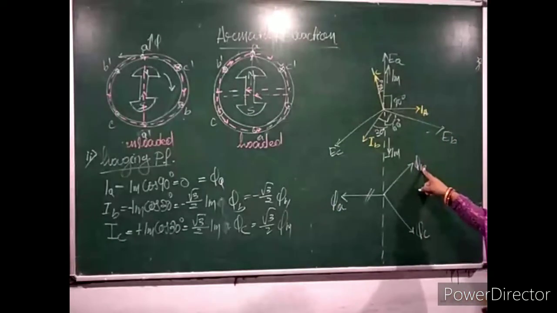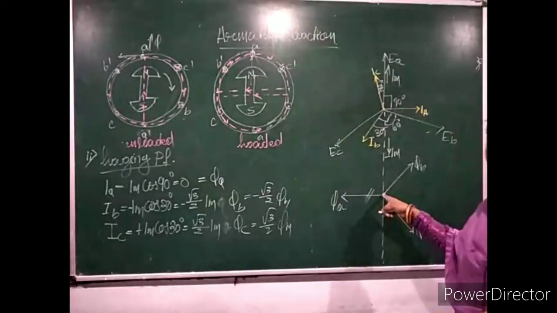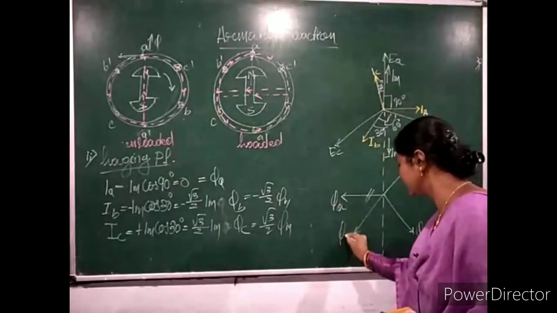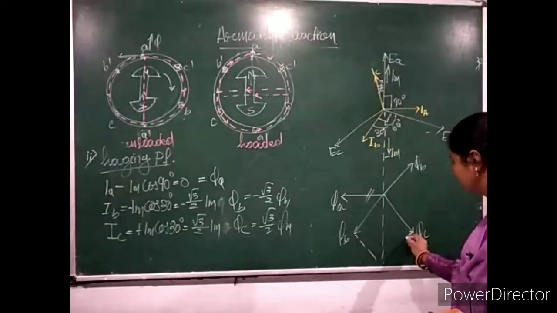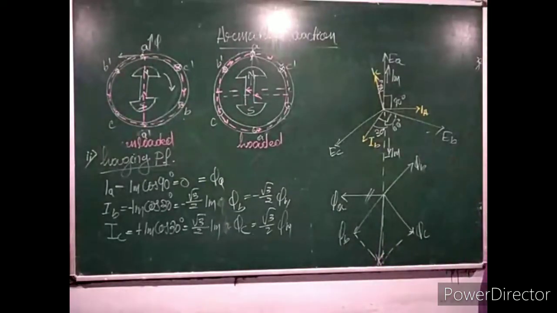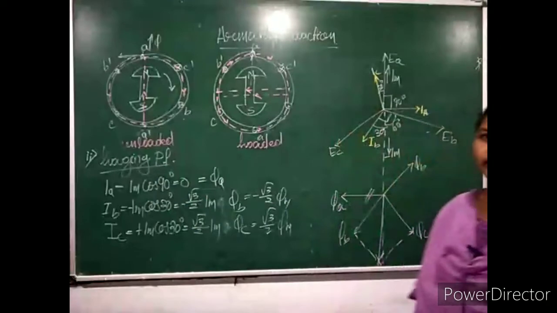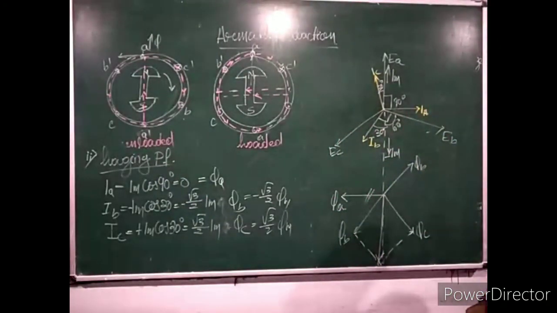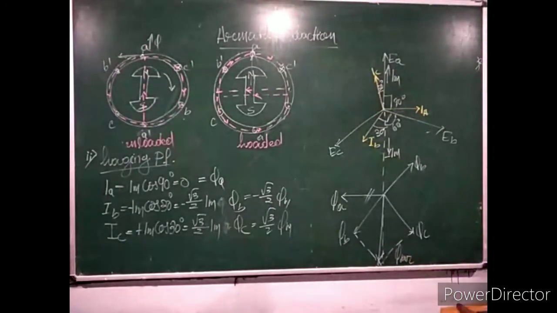So phi B is a negative value. I extend this phasor just opposite to this phasor. It is phi B. Take the resultant. At lagging power factor load, I get the resultant phasor opposite to the main flux, the field flux. It is the armature resultant flux.